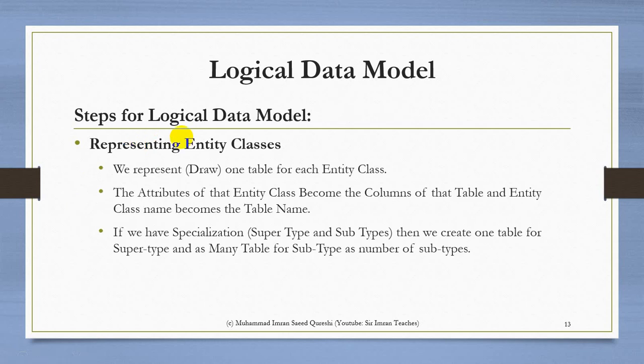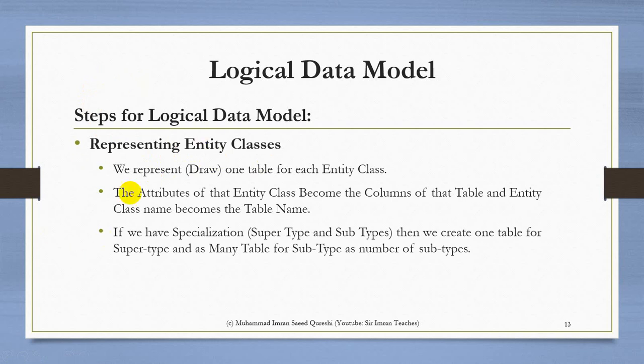In the first step we take that EERD or ERD and we draw one table for each entity class. As we know, a table with those properties is known as a relation. So we consider every entity class of our project and we make one table for that entity class.